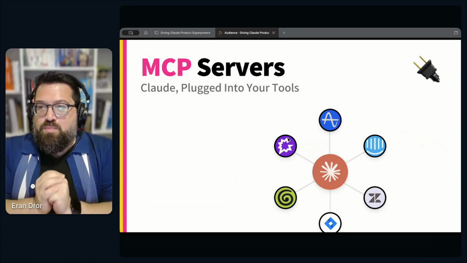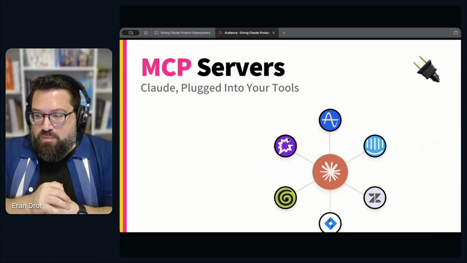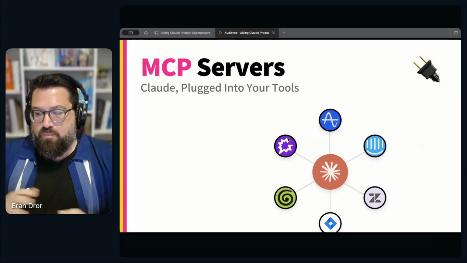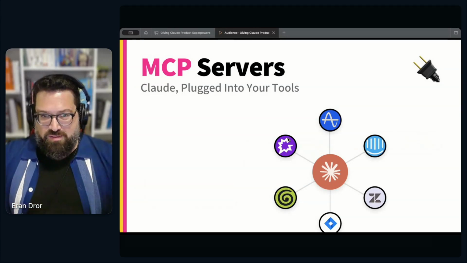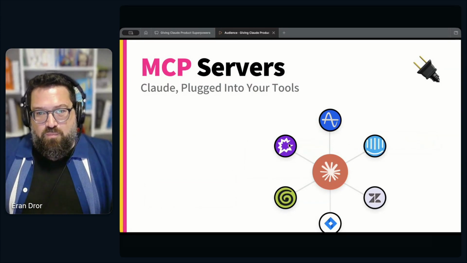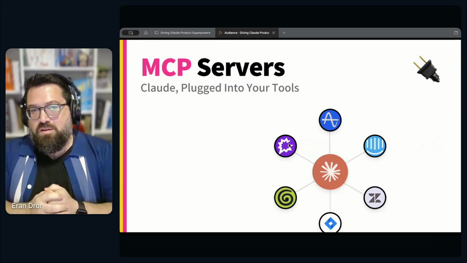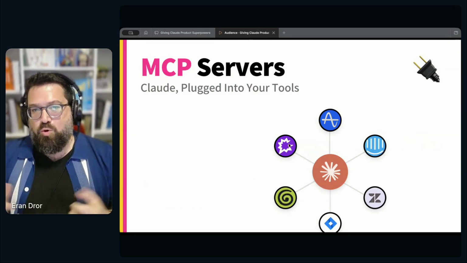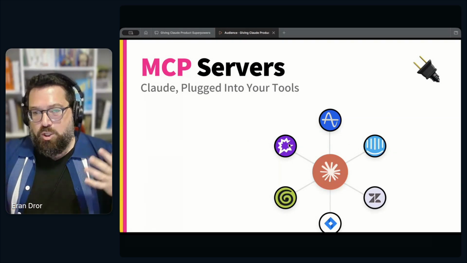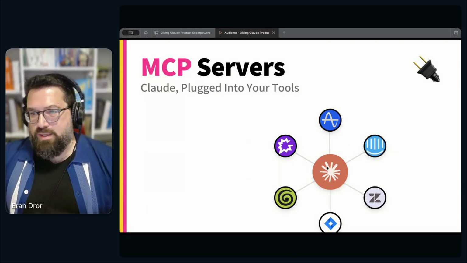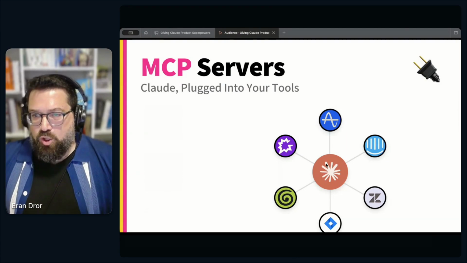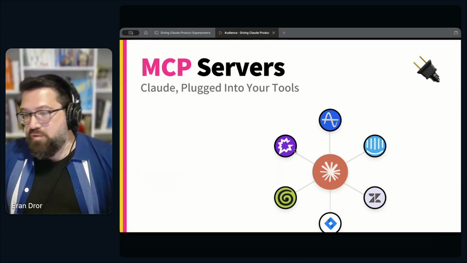So let's talk about the building blocks of this real quick before we dive into the details, because we're not sure how advanced everybody is. So we have MCP servers. MCP is Model Context Protocol. These are connectors to Claude or any other AI that lets Claude use the tools that you already use, right?